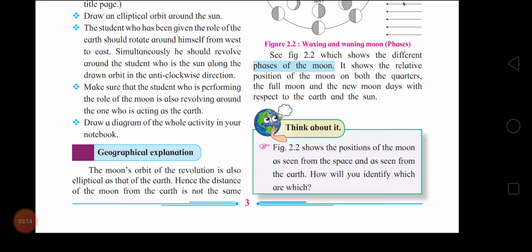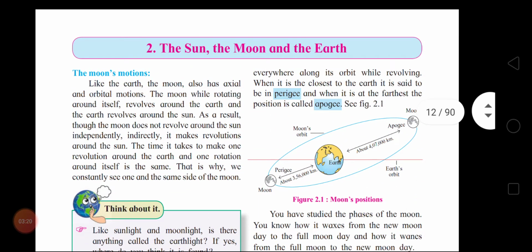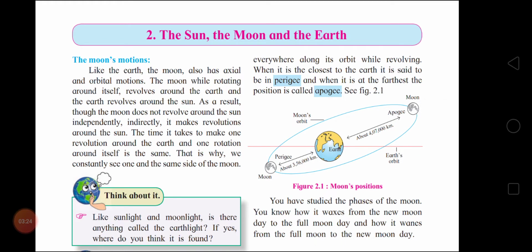Hence, the distance of the moon from the earth is not the same everywhere along its orbit while revolving. When it is the closest to the earth, it is said to be in perigee, and when it is at the farthest, the position is called apogee.